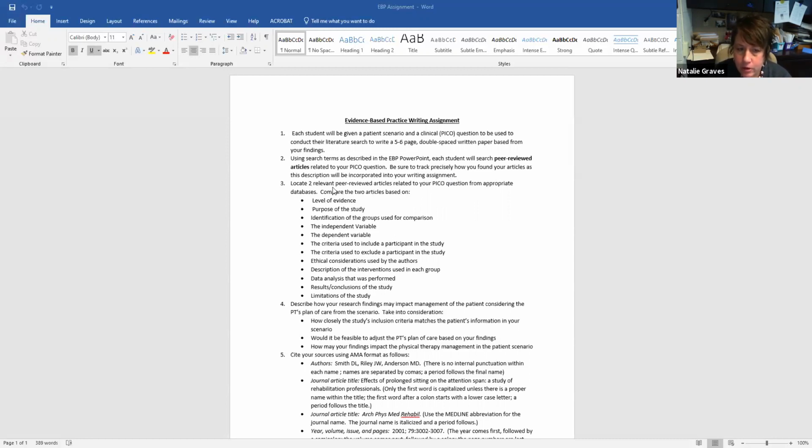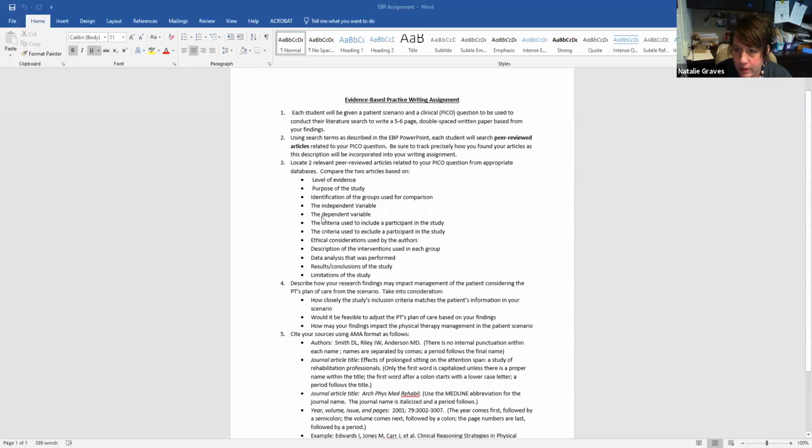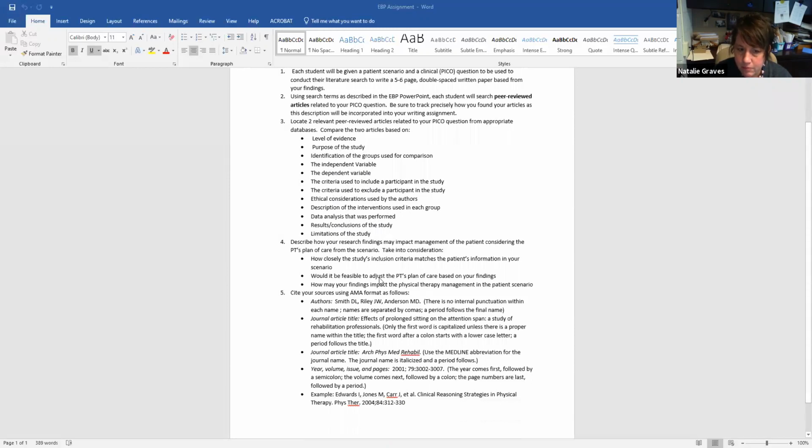So then you're going to locate two relevant articles to your question, and you're just going to do a comparison. You're going to compare them based on the level of evidence, the purpose of the study, the groups, the independent variable, the dependent variable, the criteria used to include a person, the criteria used to exclude a person from the study, the ethical considerations, a description of the interventions for each group, the data analysis that was performed, the results, and the limitations of the study.